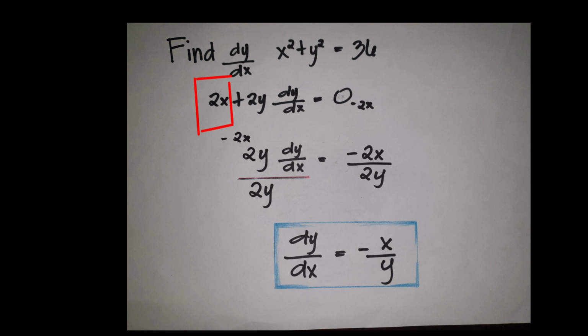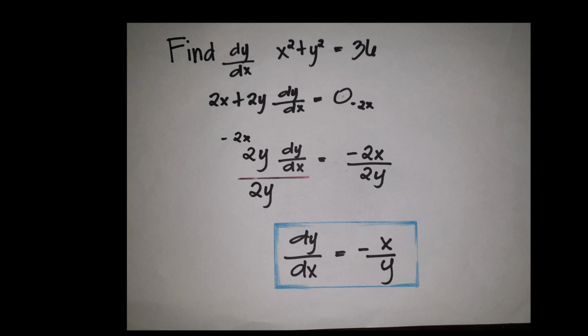Moving on to the second term, y squared, take the derivative using the power rule. The derivative of y squared is 2y, but because there is a y term that contains some expression, you need to multiply this term by dy dx.